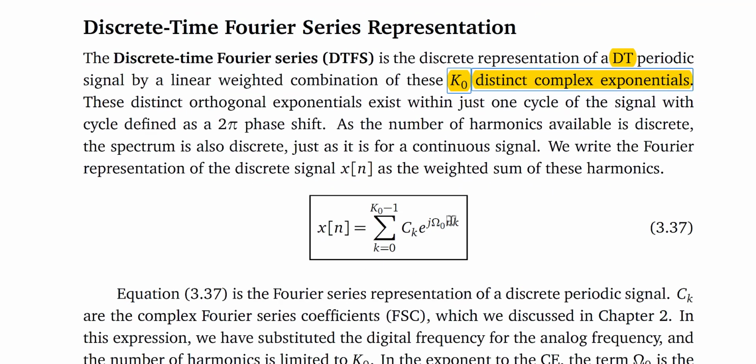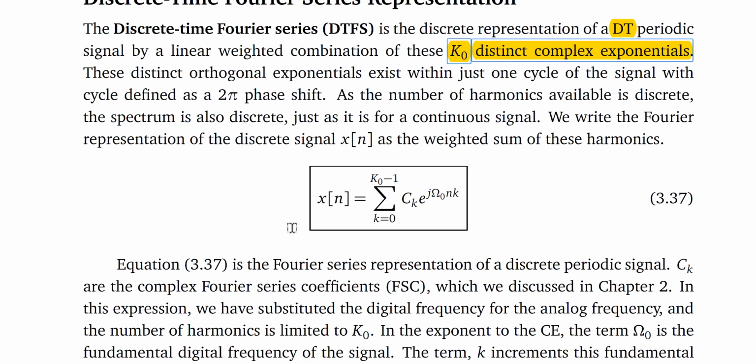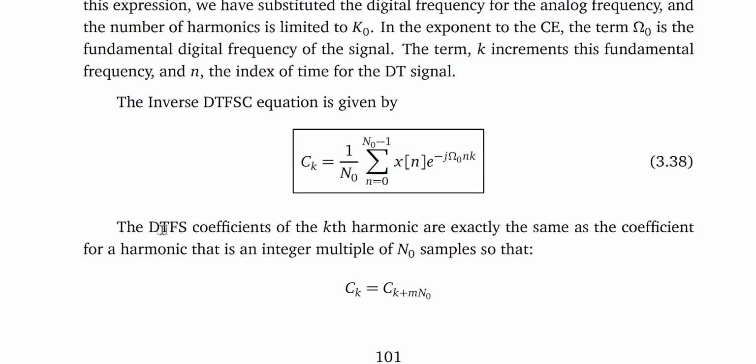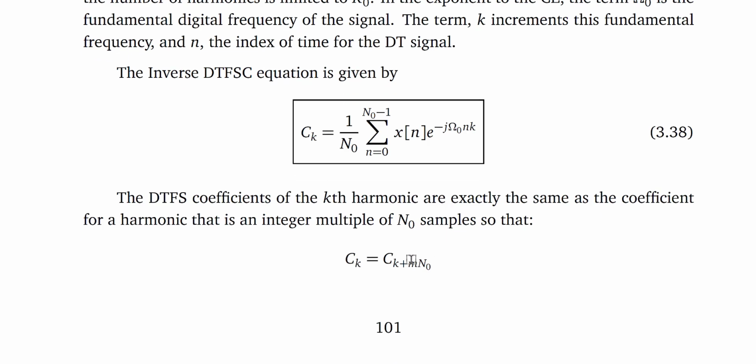So we would write the equation for the synthesis this way, and the expression for the coefficients in this fashion. And remember that we only need to do N0 calculations. Any more than that, they just repeat and don't really give us anything. So the DTFS coefficients for the kth harmonic are exactly the same as the coefficients of a harmonic that is an integer multiple of N0 samples away.